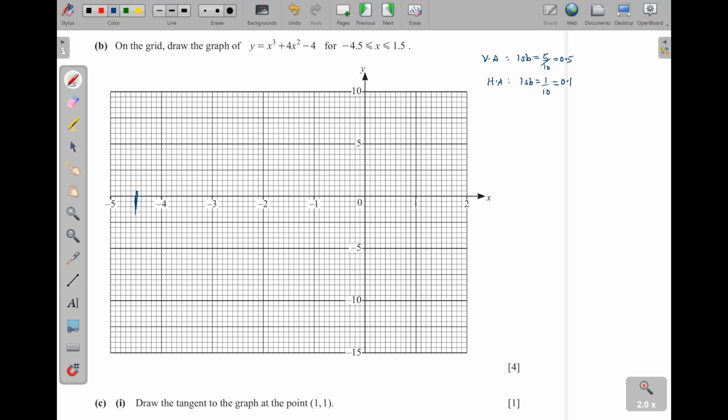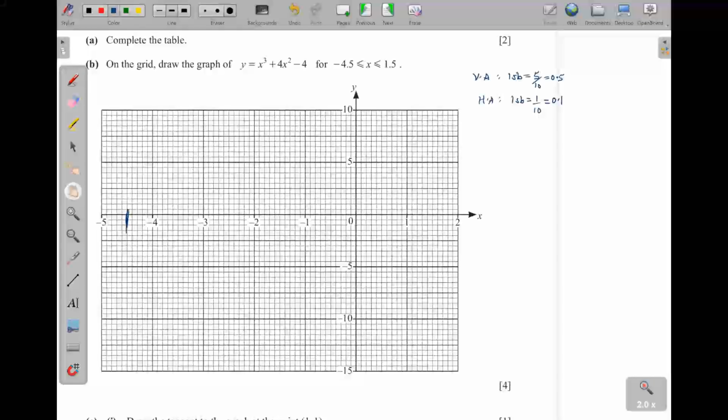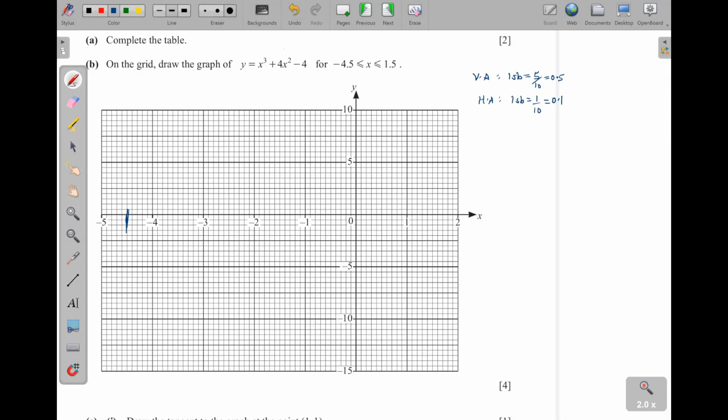Now here we are looking for negative 14.1. So negative 14.1, this will be the 14 here. Then 0.1 is just beyond this one here. So we shall come here and put it just slightly below. So we shall have something like this there. And then next, we can go to the next one.